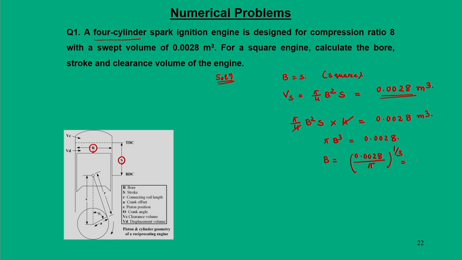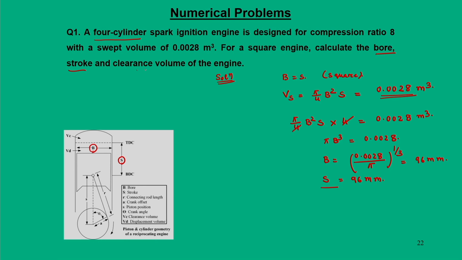This turns out to be 96 mm. Since B is equal to S, S would also be 96 mm. So once you know B, we have the bore and stroke, and then the clearance volume.